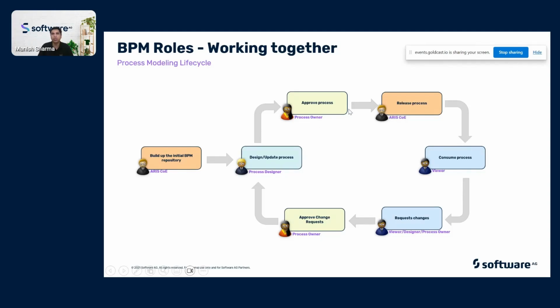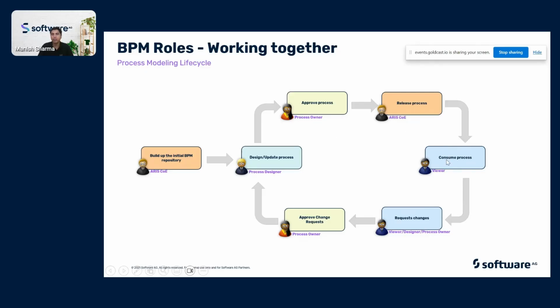So in this case, it is a two-step approval. You design or change the process, the process owner approves the business logic behind it, and then the COE, Center of Expertise, approves the modeling standards, and then the consumer can then consume this once it is released.